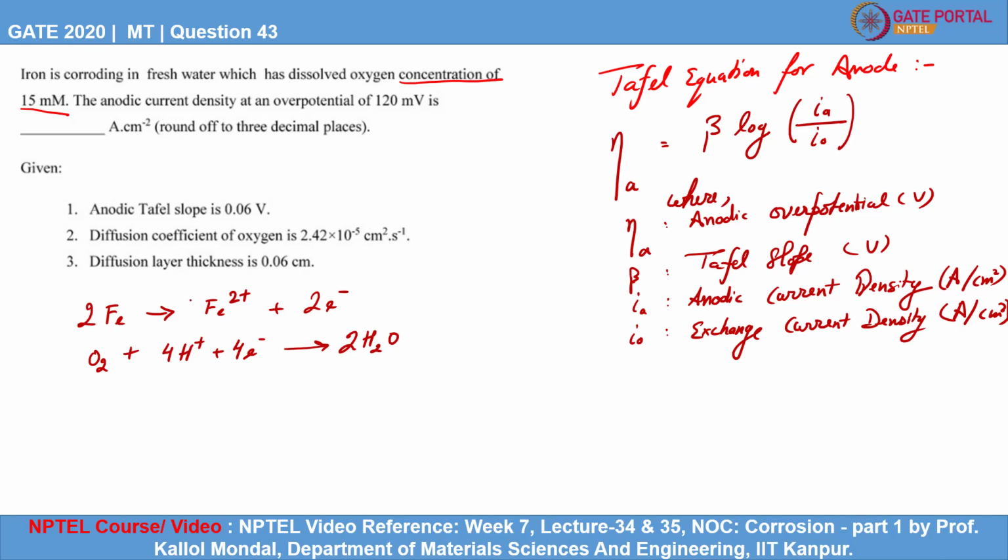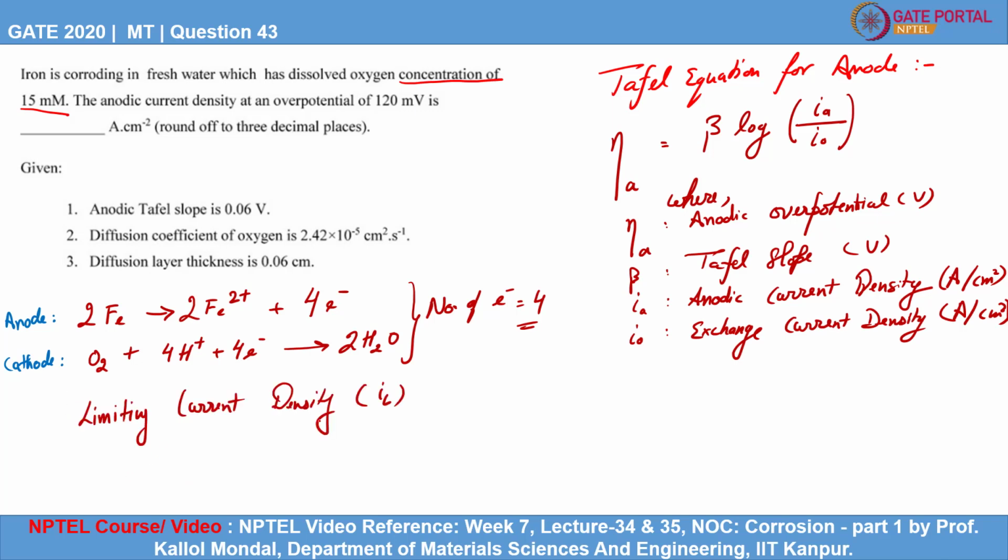So that will be 4. Here this is anode and this is cathode.